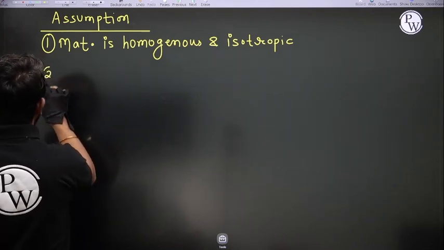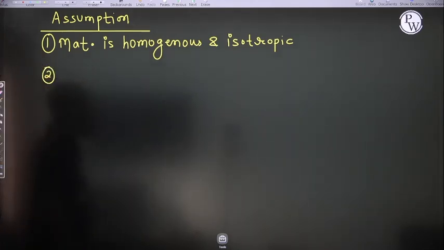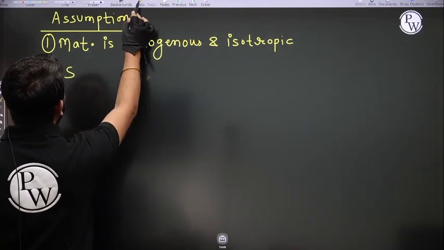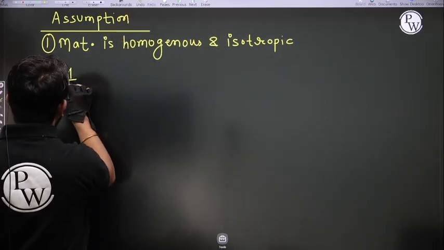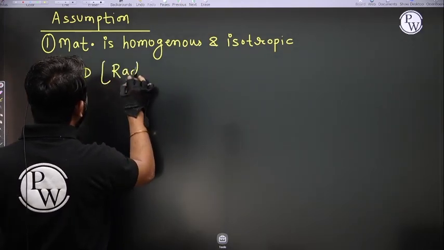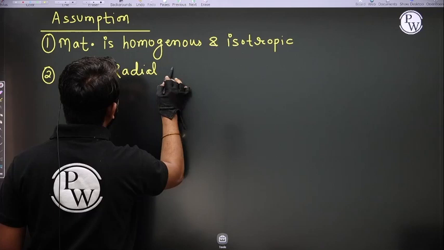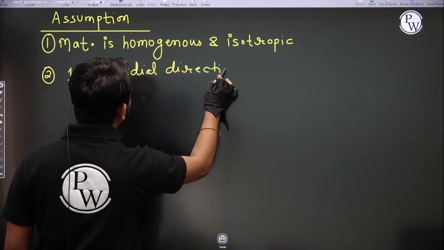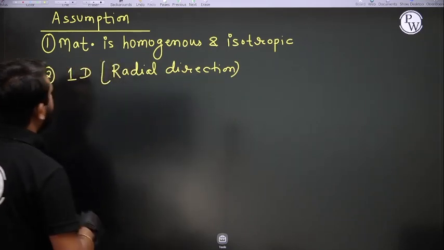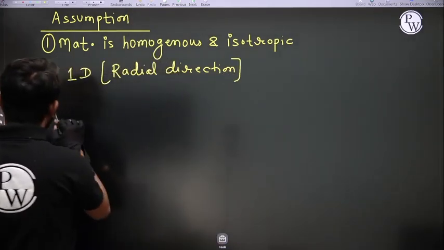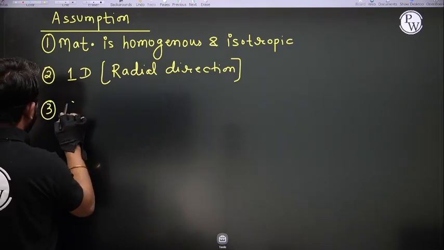The second assumption is one dimensional, and in one dimensional, the direction that is considered is the radial direction. The third assumption is steady state.